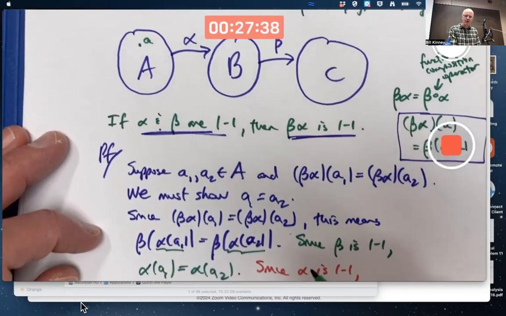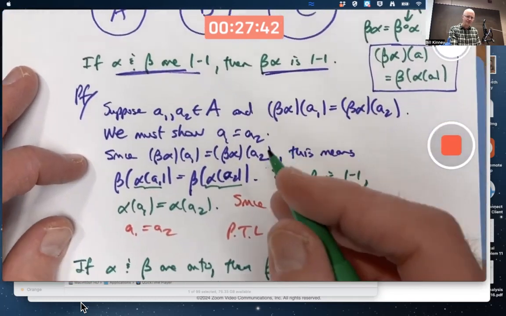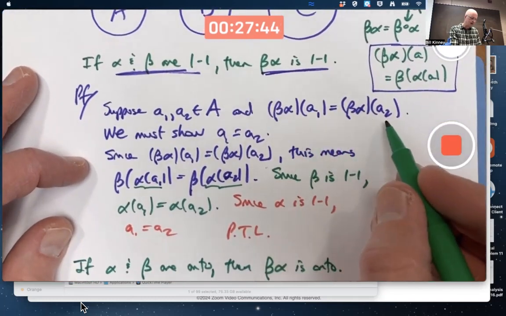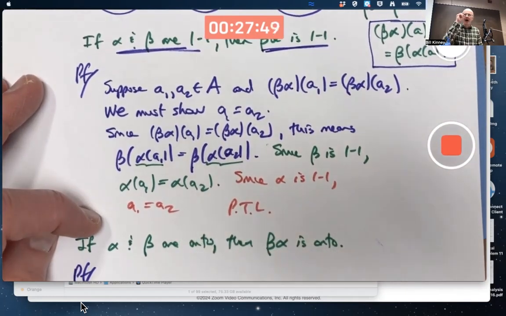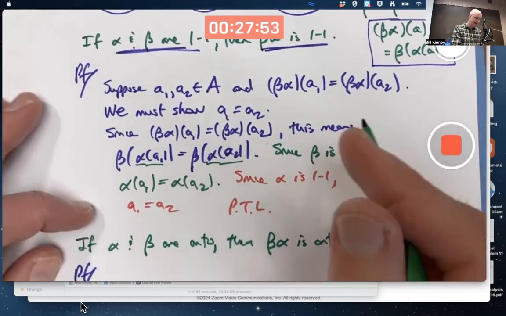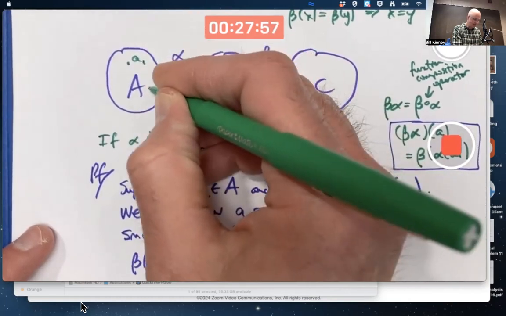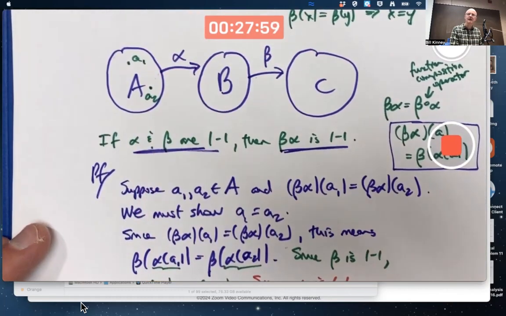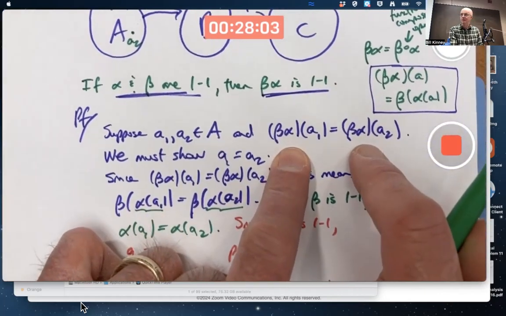First, let's go back to the 1-to-1 case. We showed that if beta alpha of A1 equals beta alpha of A2, then ultimately A1 equals A2. Another way to think about that is that if A1 is not equal to A2, then ultimately these two things are not equal.